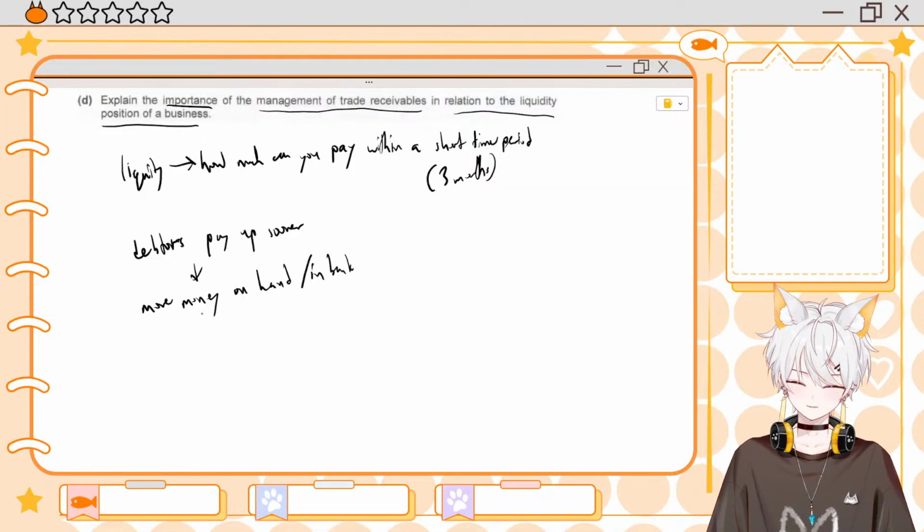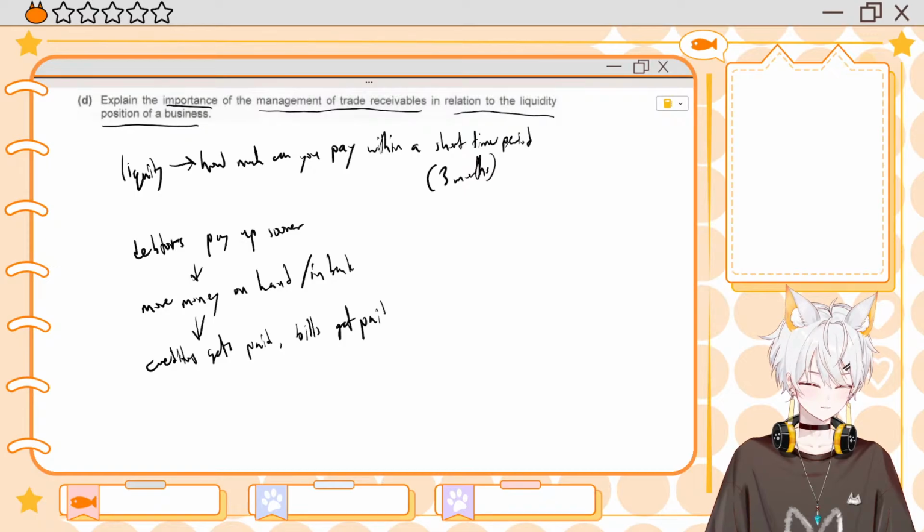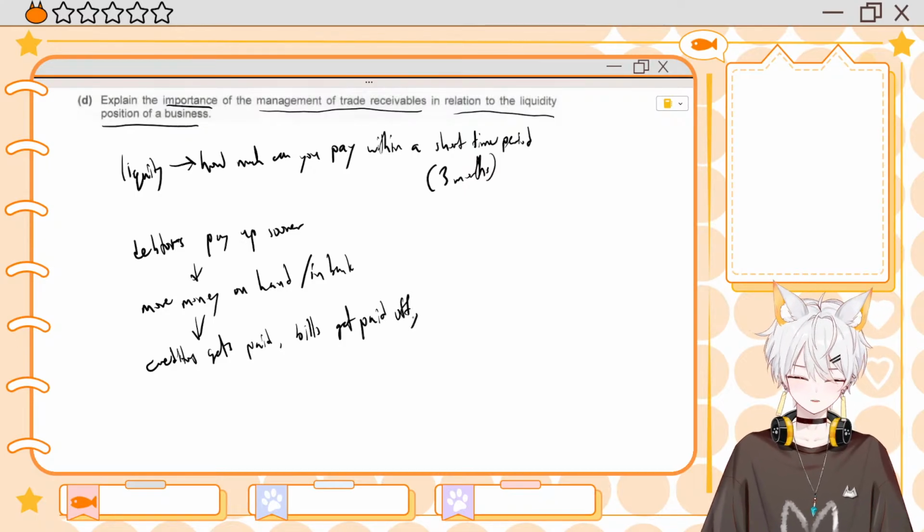What does this mean? This means that you could make payments to your creditors. Things like your bills get paid off. What else? Your loan interest.